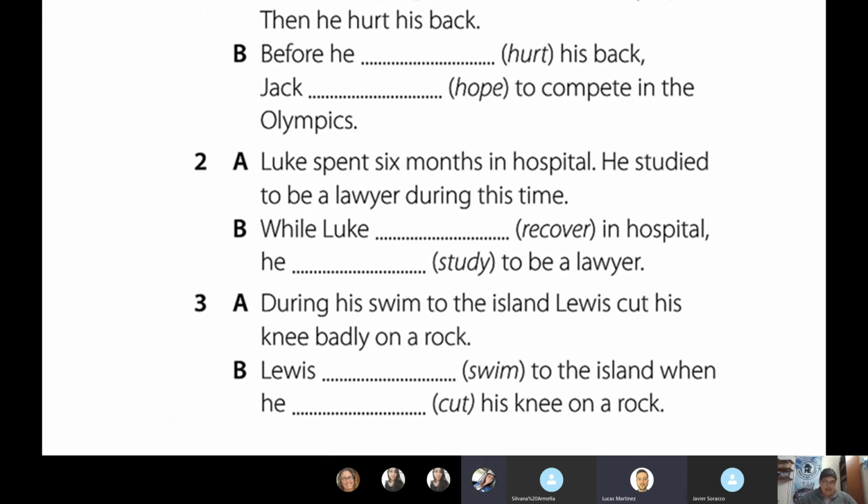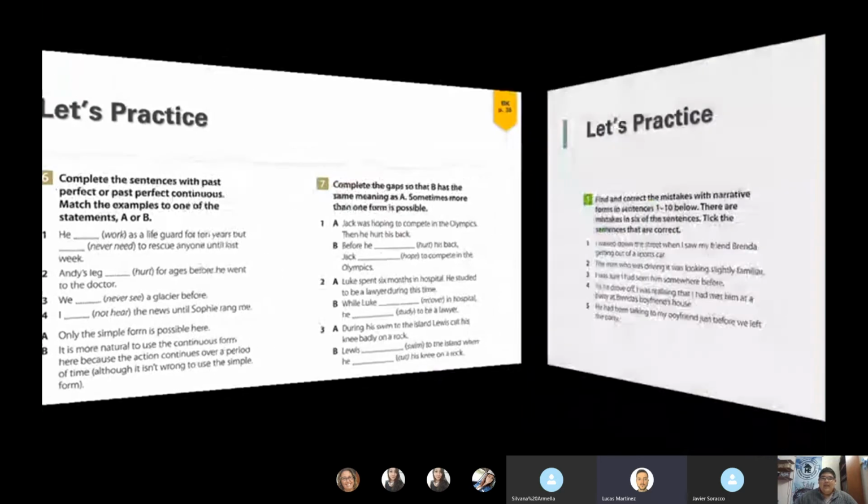Hadn't felt. Yes, you're right, she hadn't been feeling well all day, okay? Fauzia decided not to go to Sarah's party because decided is the point in the past. And before that action, the other one took place again. Okay? Yes, you're right. Let's go to the next one.